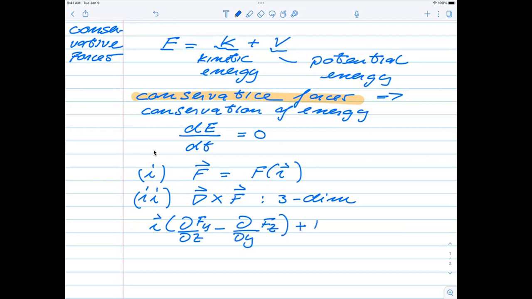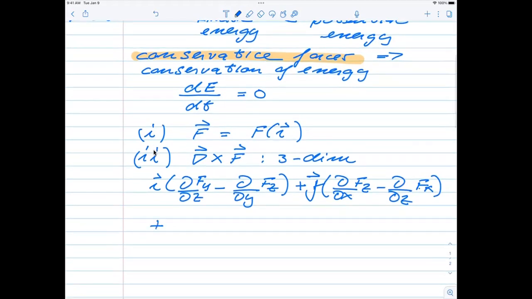Then I have the j vector, which is the vector in the y direction, and this has a d of dx, and it has a derivative of f of z minus the derivative with respect to z of f of x. And finally, I have the last term, which is given by k.